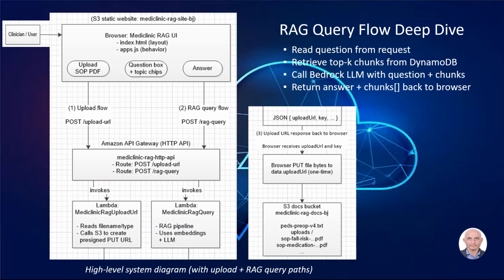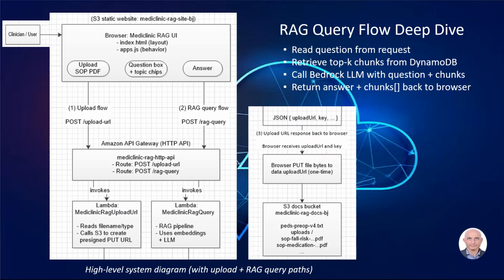Now, the second key flow is the RAG query. When the user clicks Ask, the browser gathers the text from the question box and sends it as JSON to the RAG query endpoint. The MediClinic RAG query Lambda does two major things. First, it uses an embedding model to represent the question as a vector, then queries the MediClinic RAG chunks table in DynamoDB for the most similar SOP chunks.